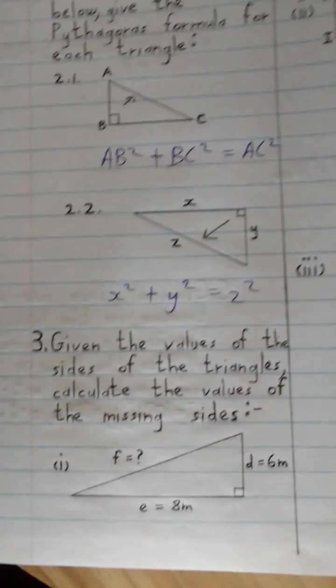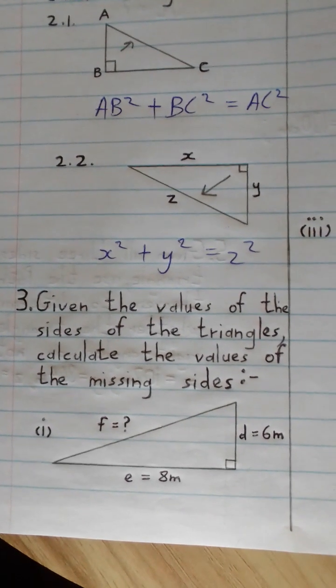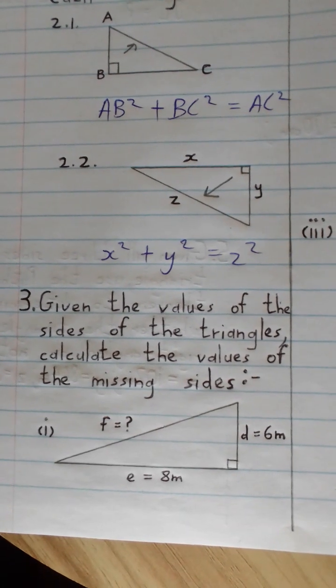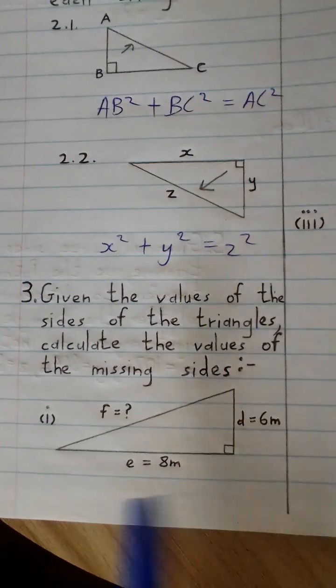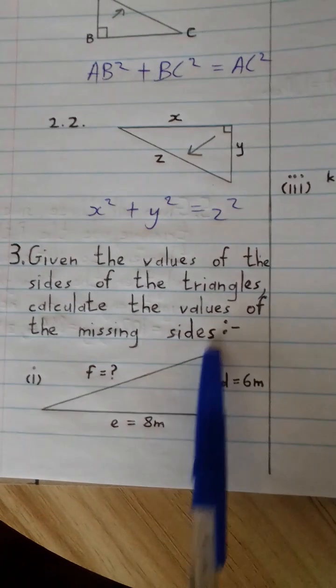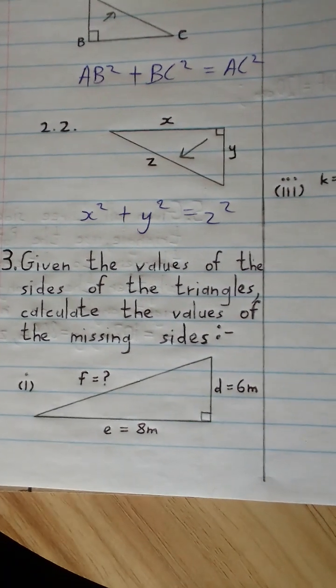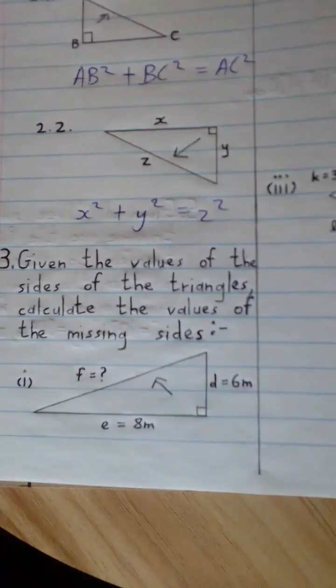Number 3 asks, given the values of the sides of the triangles, calculate the values of the missing sides. So Roman numeral number 1, we have this triangle. E, the horizontal side, is 8 meters. D, the vertical side, is 6 meters. We don't have F, and F is the hypotenuse.